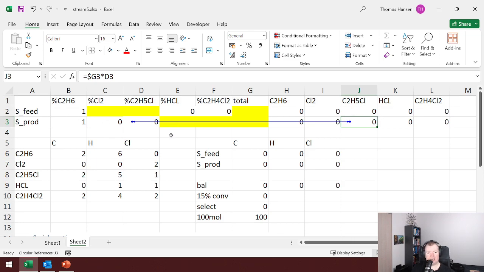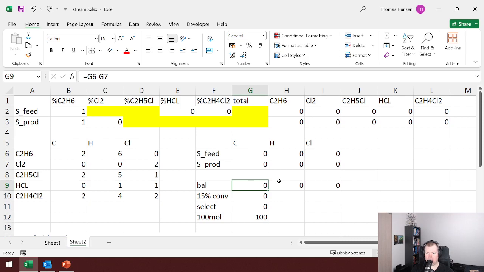No, that can't be right, hang on. Carbon, hydrogen, chlorine enters.